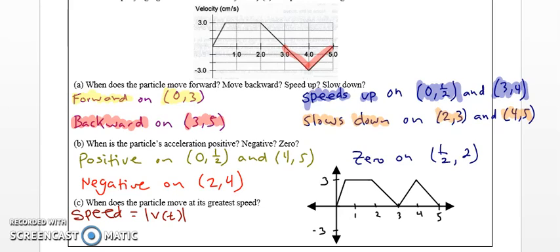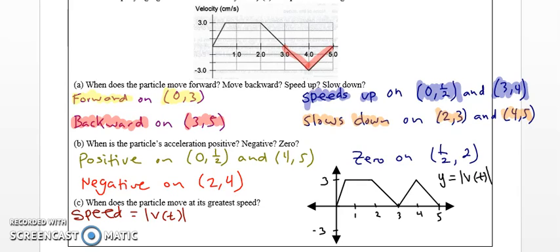So we get a graph that looks something more or less like this, where on the interval from 3 to 4 it reflects up, and this is the graph of speed, so it's the absolute value of velocity.